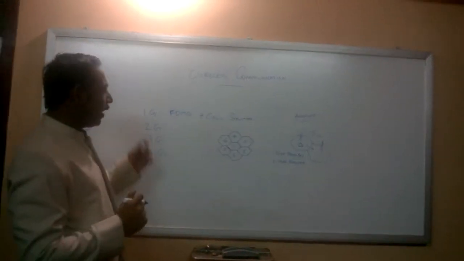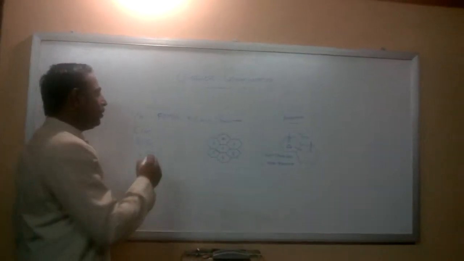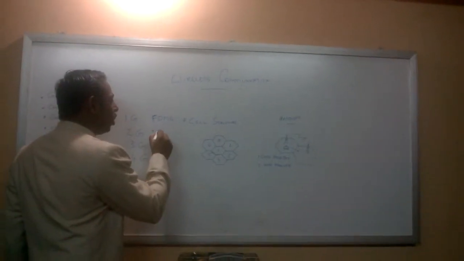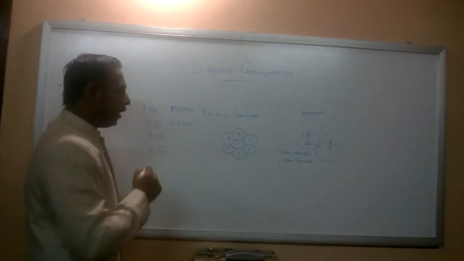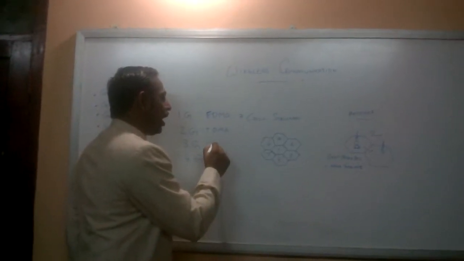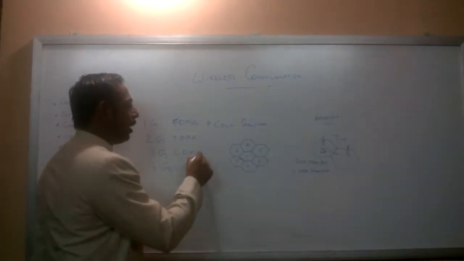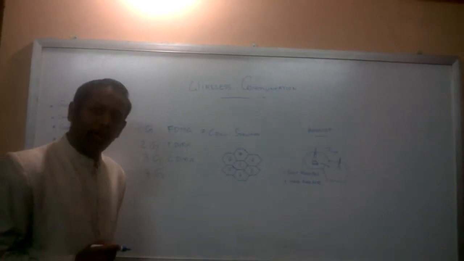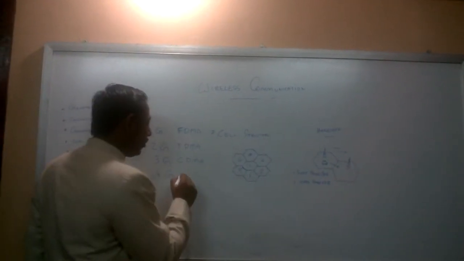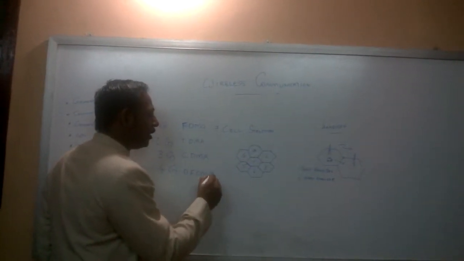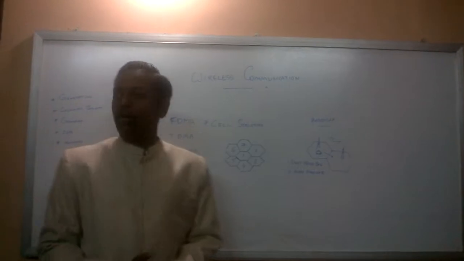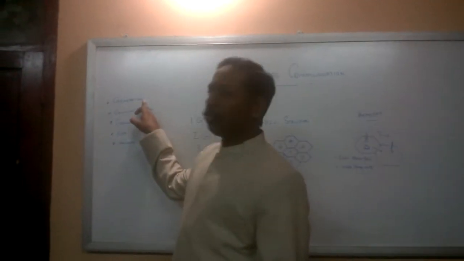Similarly, the second case 2G, they utilize TDMA. Similarly, 3G utilizing CDMA, and finally the 4G communication uses orthogonal frequency division multiple access. So the generation part is over.